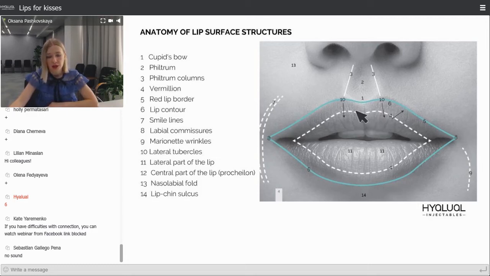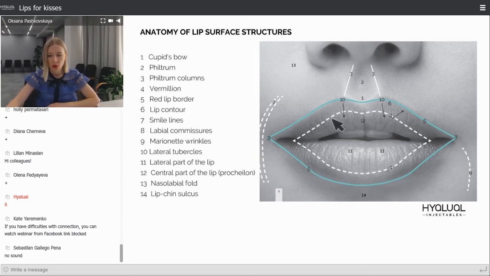I never inject that zone, and I recommend you never inject here either, because our lips consist of 2 symmetrical parts, like 2 leaves, and it's really pretty nice when we definitely see that the upper lip and lower lip consist of 2 symmetrical leaves.